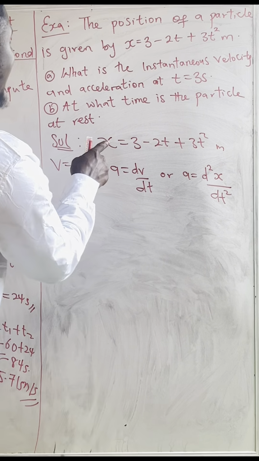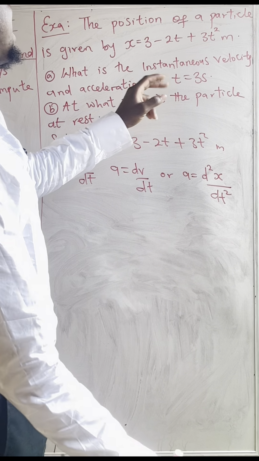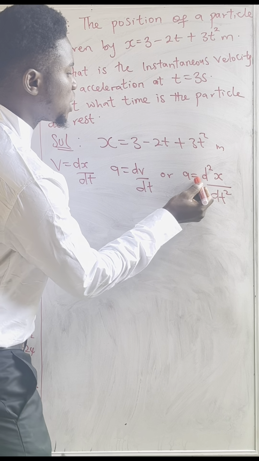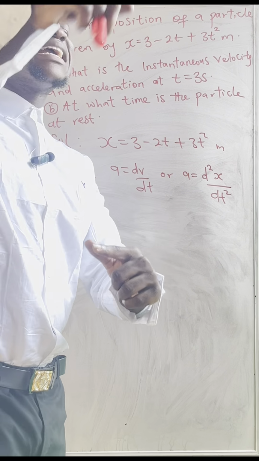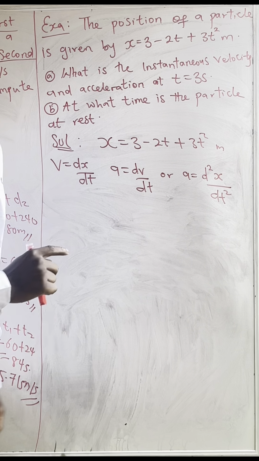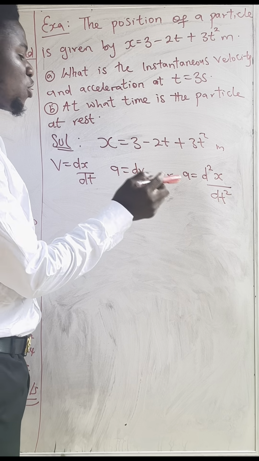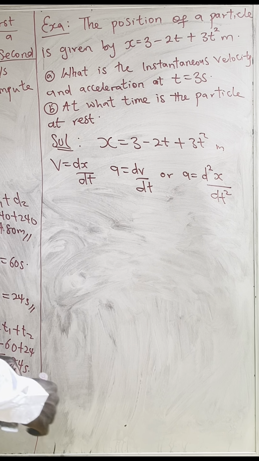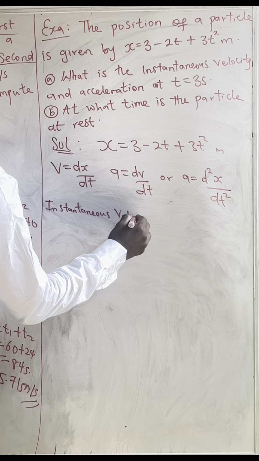If what is here is x, and you are to do instantaneous acceleration, you are going to use the formula a is equal to d squared x over dt squared. But let's say it's a different question and you are to do instantaneous acceleration a, then you are going to do dv over dt. Do you get that, guys? So that is that. Now let's firstly do the first one, instantaneous velocity.